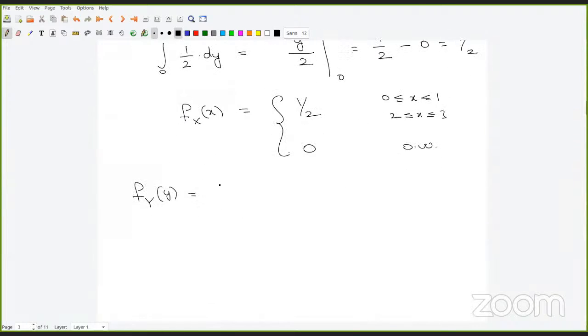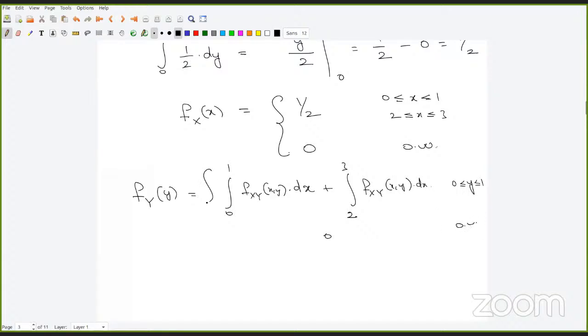So therefore it will be the integral 0 to 1 of f(x, y) dx, plus the integral 2 to 3 of f(x, y) dx. This is for y in between 0 and 1, and it will be 0 otherwise.